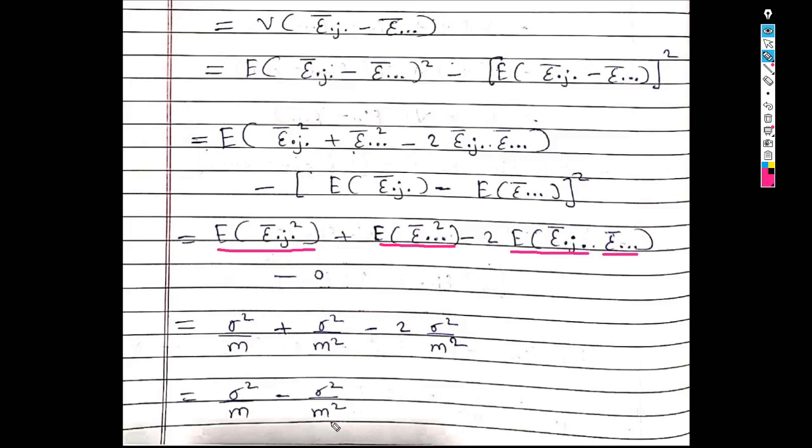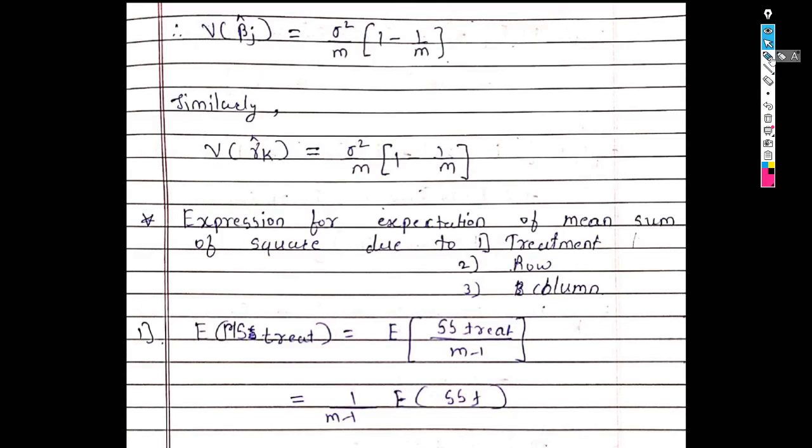So we get sigma square upon m square. In the next step we take sigma square upon m outside the bracket. So we get variance of beta j hat is sigma square upon m into 1 minus 1 upon m. So this is for variance of beta j.